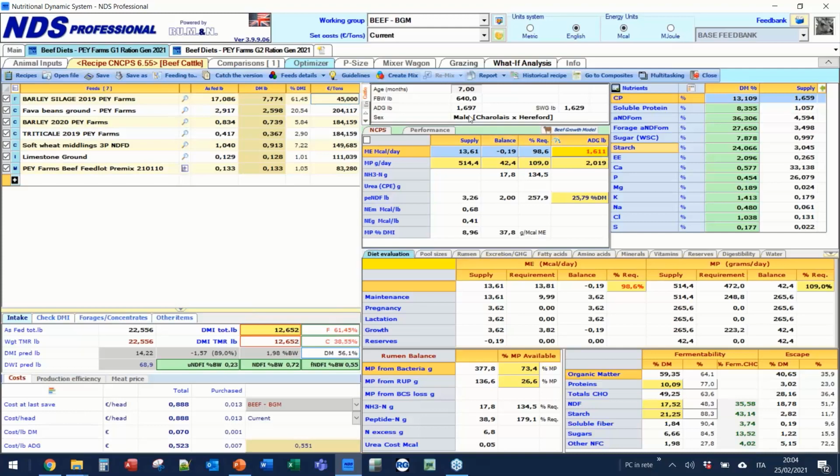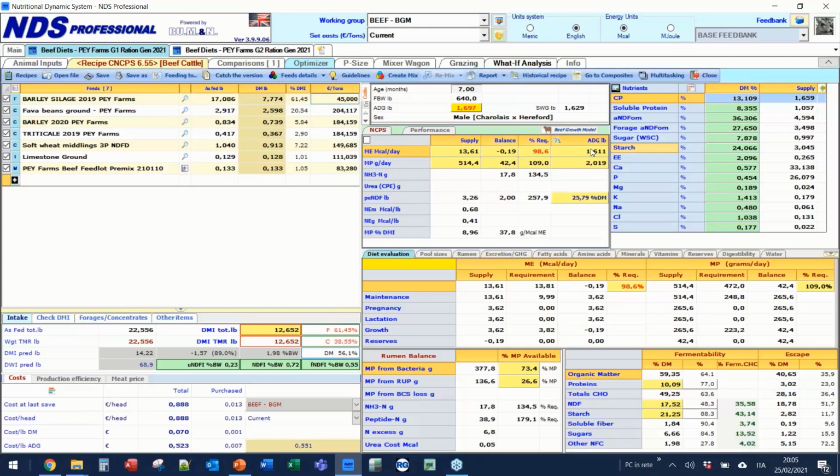In this group, we checked almost 1.7 pounds per day, and this is the average of the period. And we should have a very close value here when possible, in order to be sure that the model is calibrated.